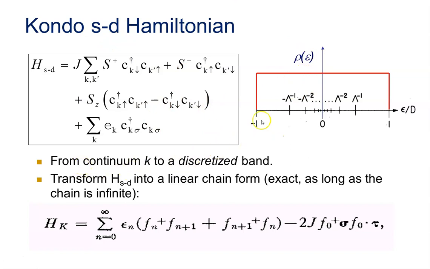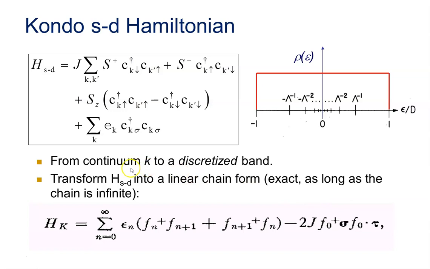One is to discretize the conduction band in this logarithmic scale, right? So I slice up this band in different areas, but I slice it in a logarithmic way, all right?